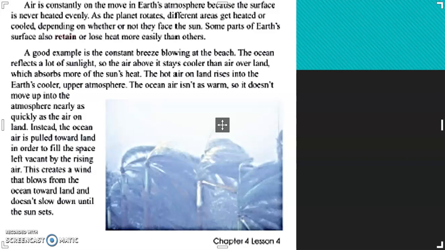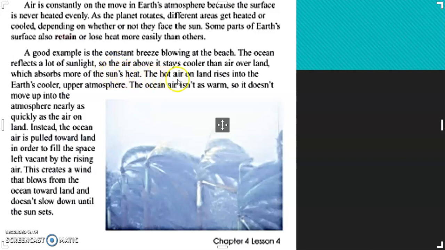A good example is the constant breeze blowing at the beach. The ocean reflects a lot of sunlight, so the air above stays cooler than air over land, which absorbs more of the sun's heat. The water absorbs the sun's heat.